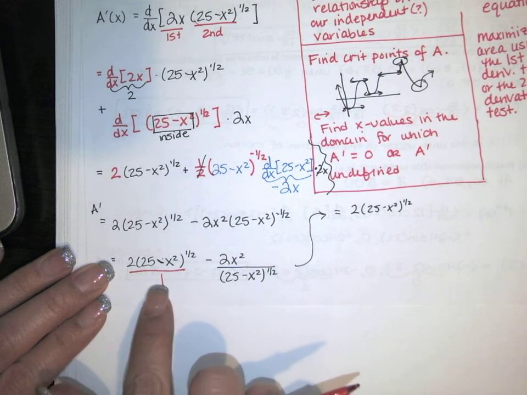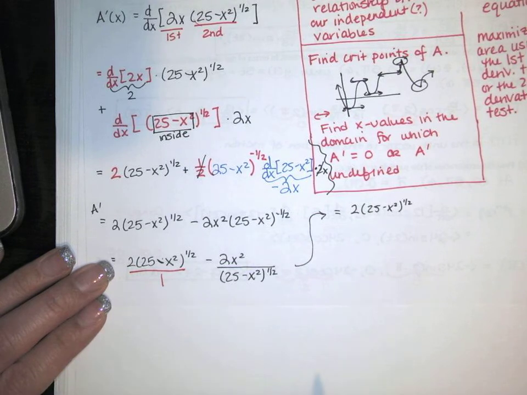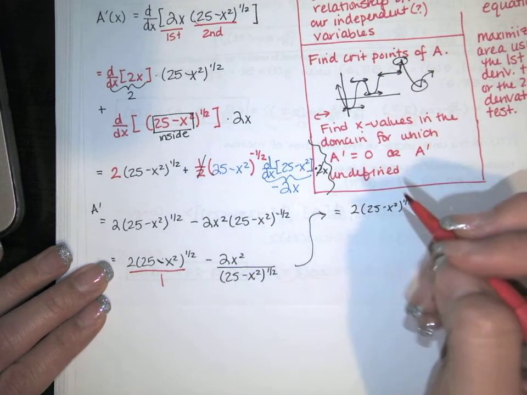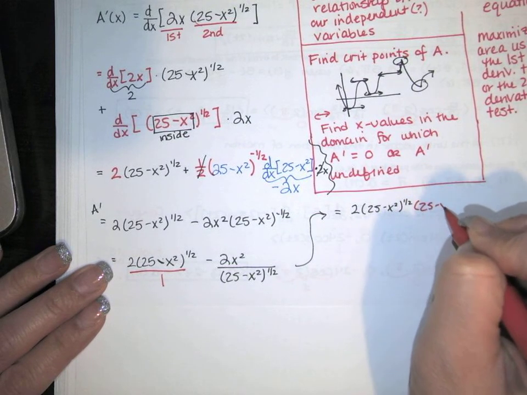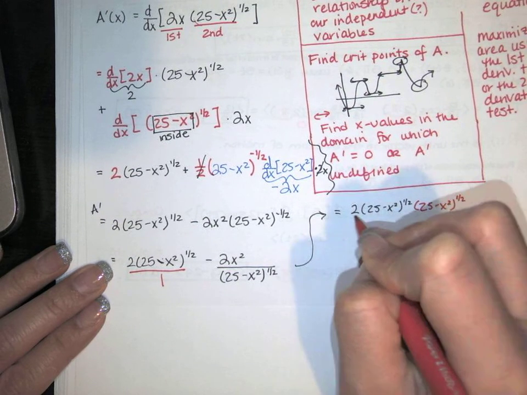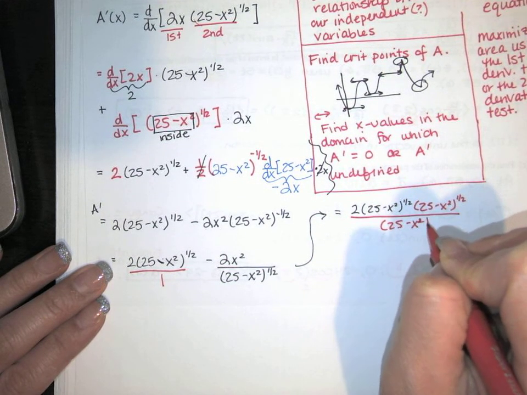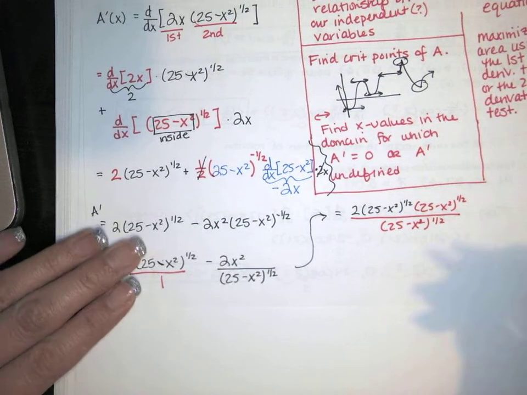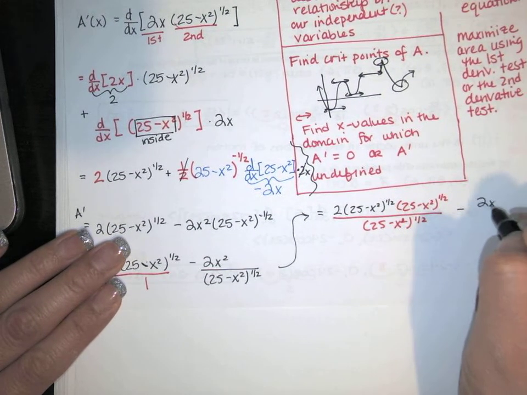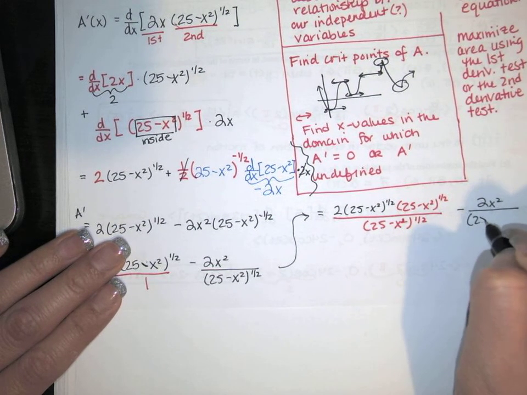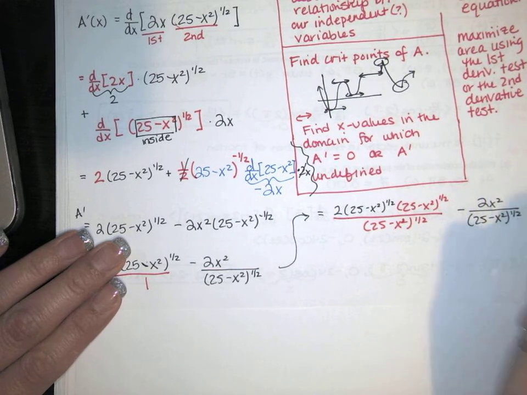Now I can't just multiply the denominator by that. I have to do the same thing in the numerator and denominator so I don't change the value of my fraction. So this is 25 minus x squared to the 1/2 over 25 minus x squared to the 1/2, all of that minus 2x squared over 25 minus x squared to the 1/2.